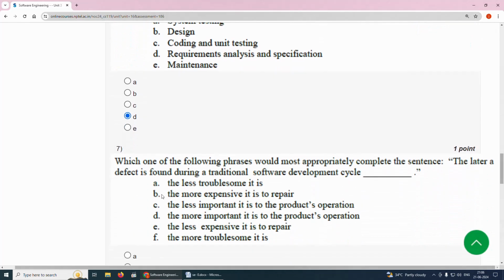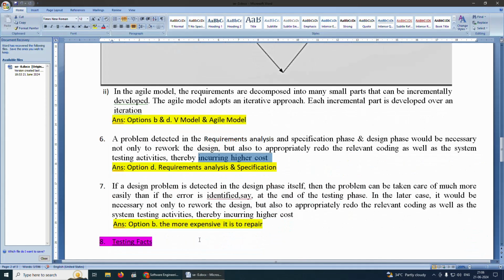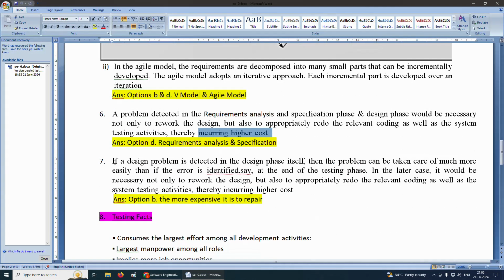Seventh question, which one of the following phrases would most appropriately complete the sentence? The later a defect is found during a traditional software development cycle, the more expensive it is to repair, option B. If a design problem is detected in the design phase itself, then the problem can be taken care of much more easily than if the error is identified, say, at the end of the testing phase.